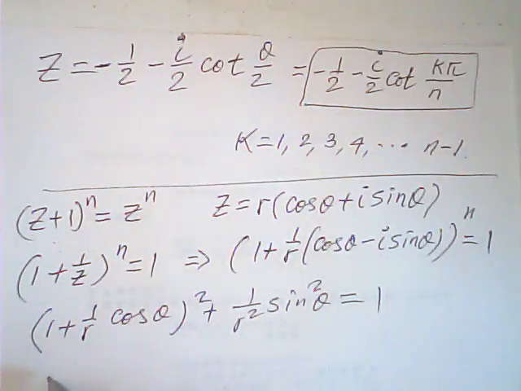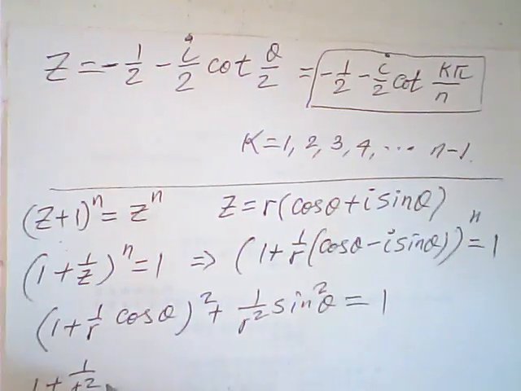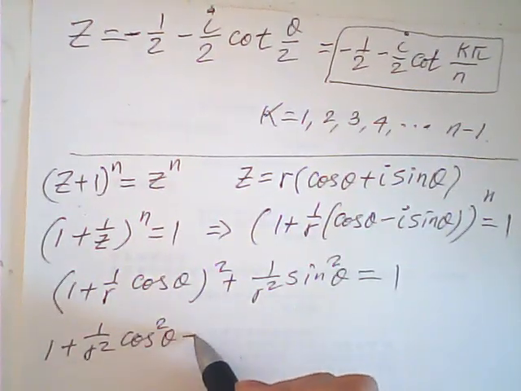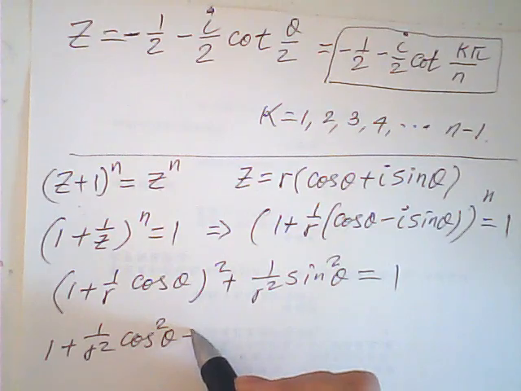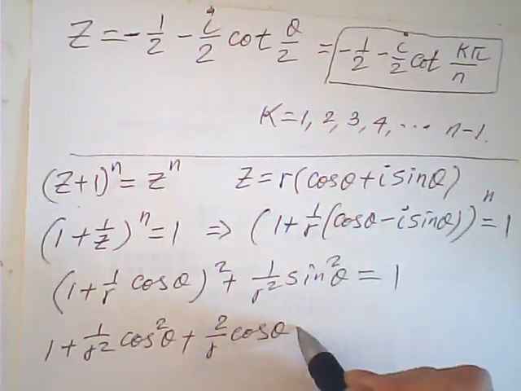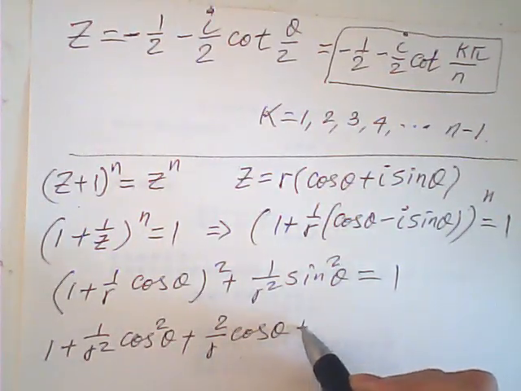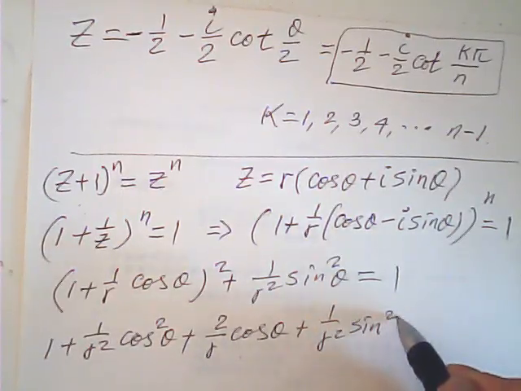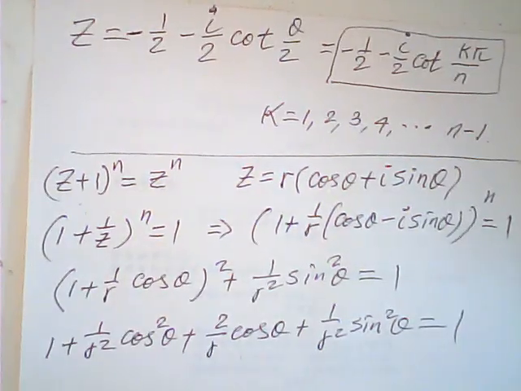Then this is 1 plus (1/r squared) cosine squared theta plus (2/r) cosine theta plus (1/r squared) sine squared theta is equal to 1.